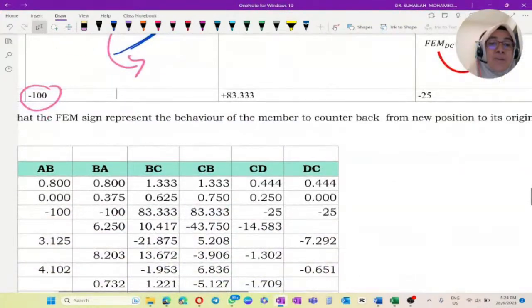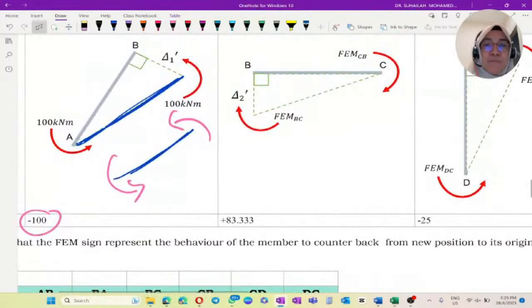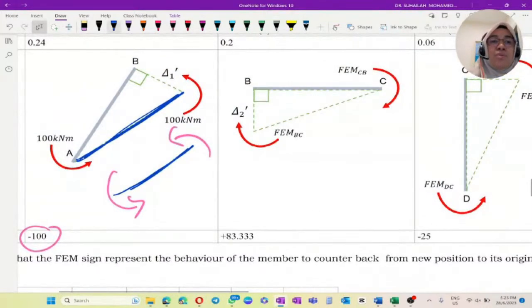For member BC, the value is positive 83.33. One is for BC and another is for CB, and both are positive. Why is it positive? Because of the behavior. Look at the behavior of the beam after side sway. The original position is horizontal.